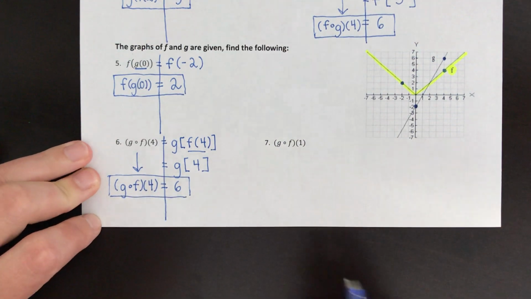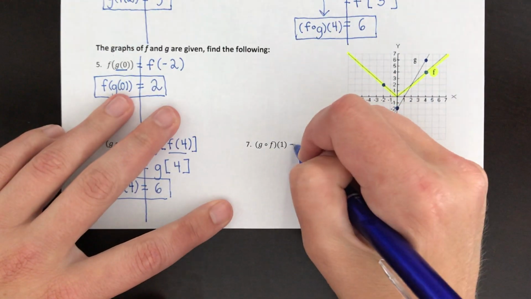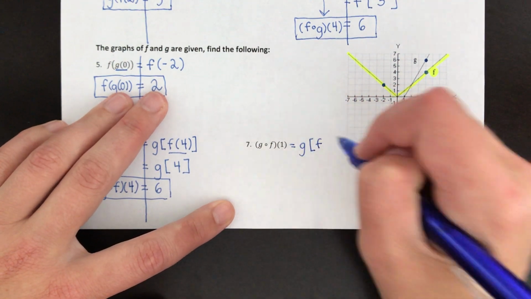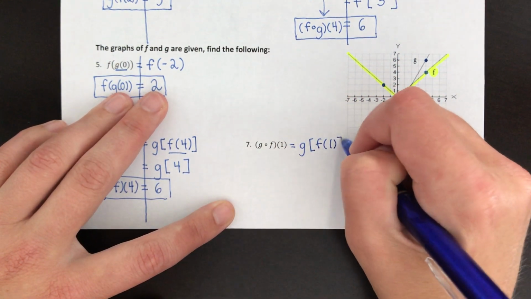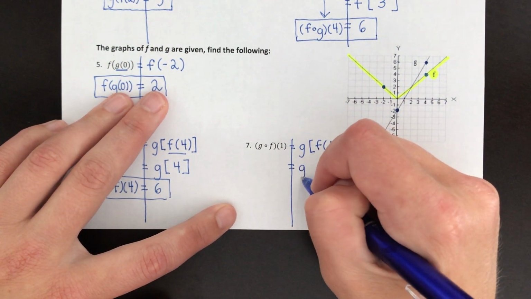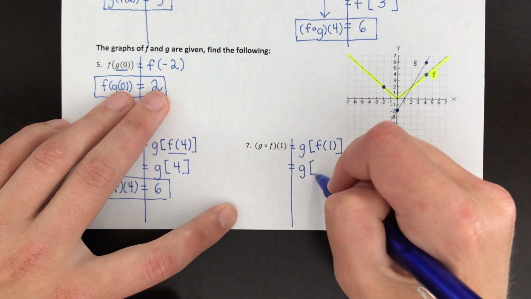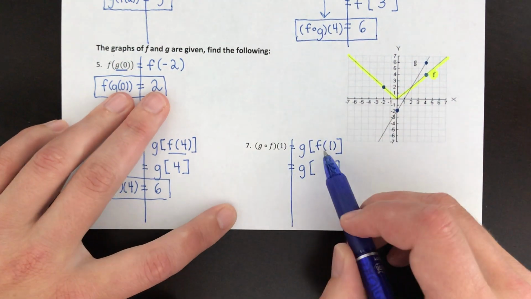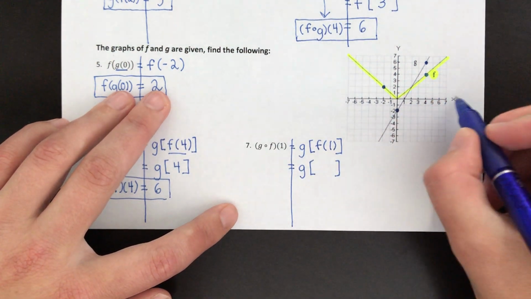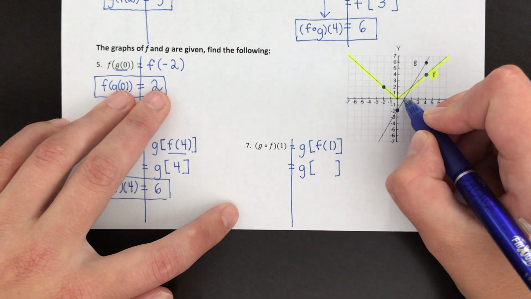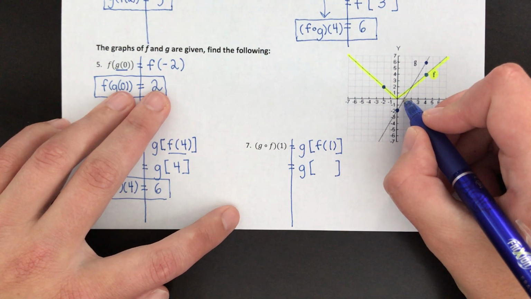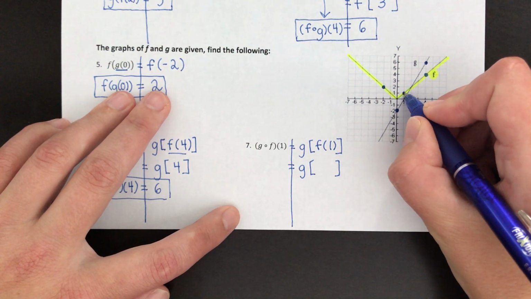All right, last one. So G composed of F of 1, so in other words, G of F of 1. Okay, so G of, what is F of 1? Remember, work our way inside out. So 1 is the input, so that's our x-axis. So I go on the input, on the x-axis where I see 1, and I want the F graph. The F graph is the yellow graph, so that's this guy.